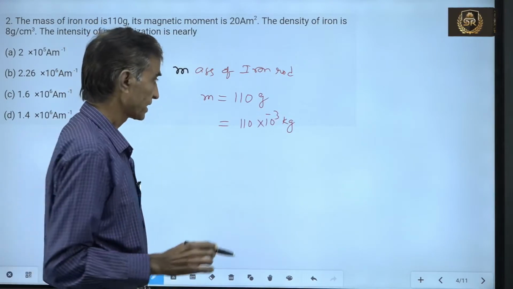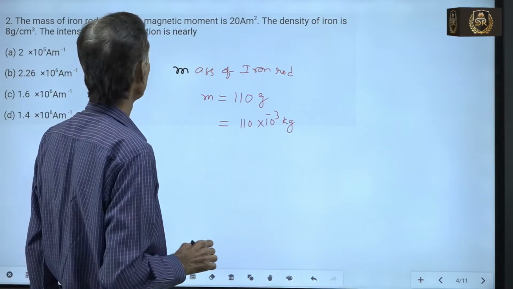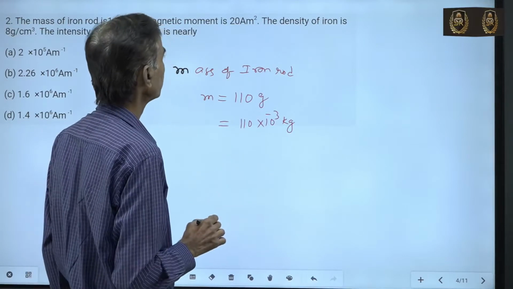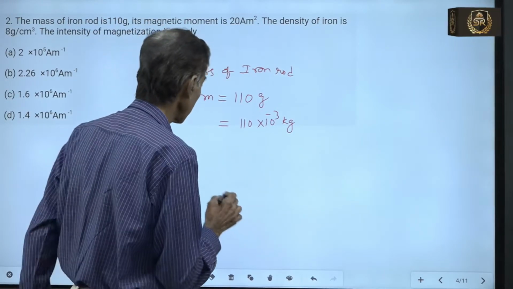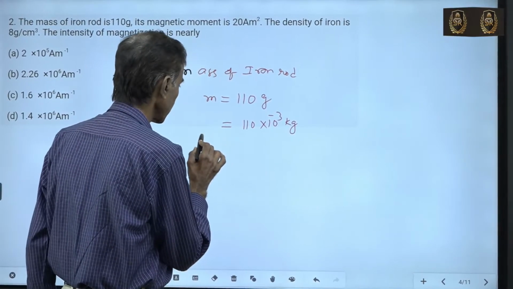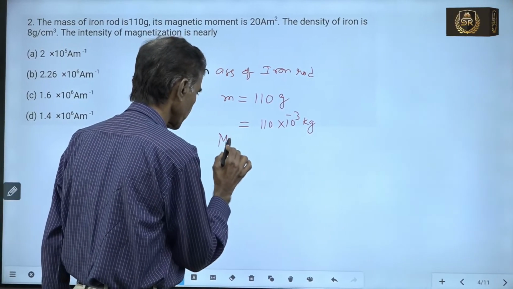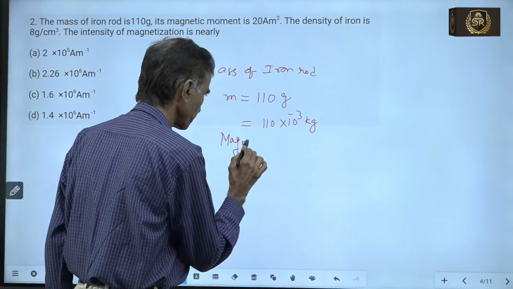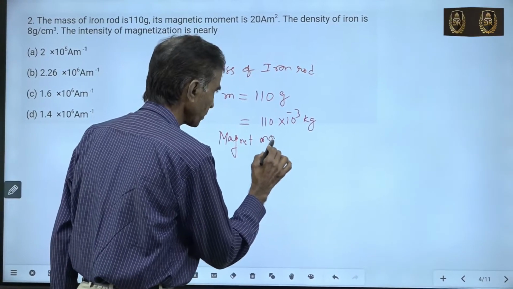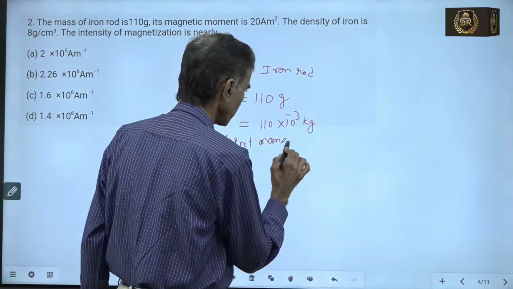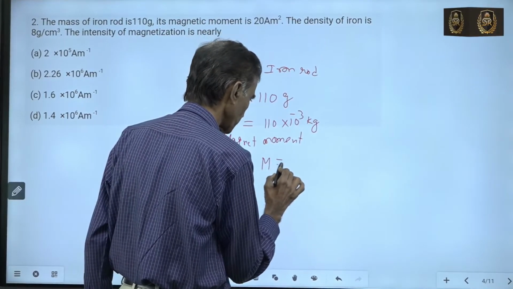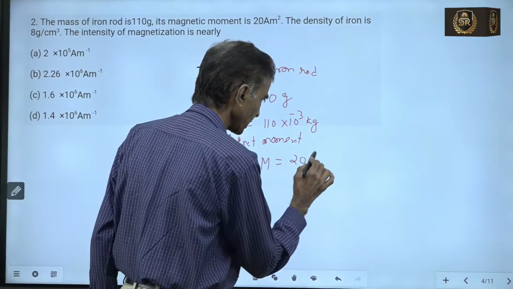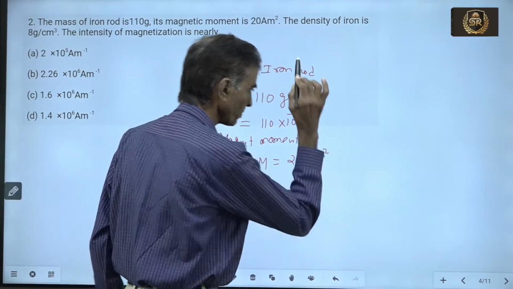Right? So next, what is given? Magnetic moment is given. Magnetic moment, and that means capital M. We will write that also here until you get practice. Magnetic moment, capital M, equal to 20 ampere meter square.